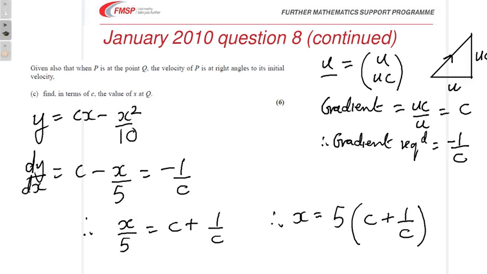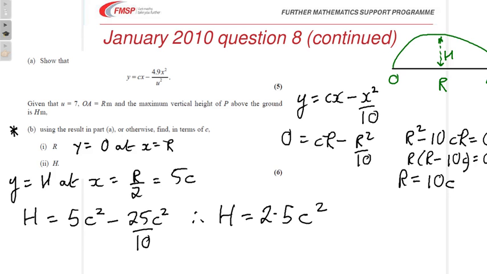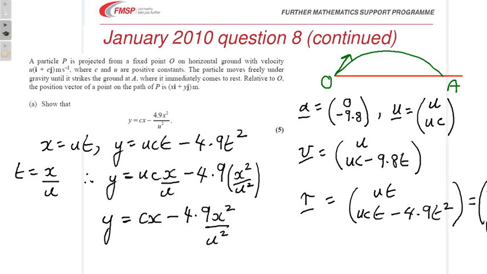Going back to the first part then and just looking at the marks. There was basically a mark for seeing the position vector and 3 marks in total for setting this up.